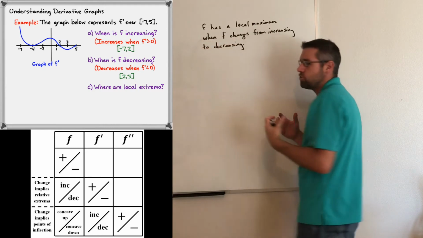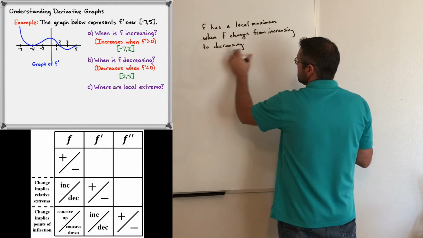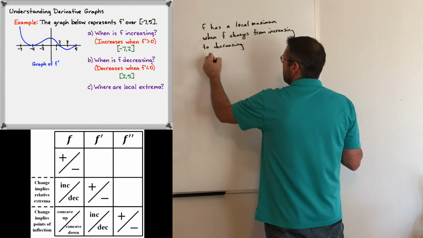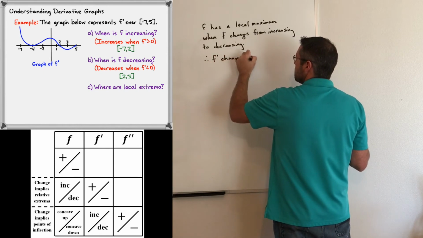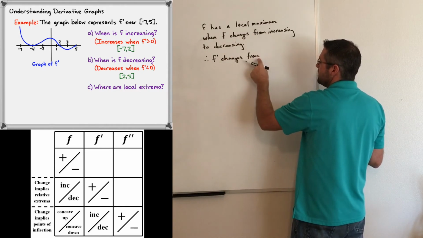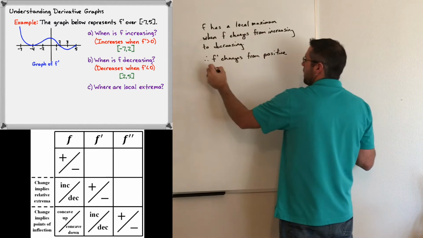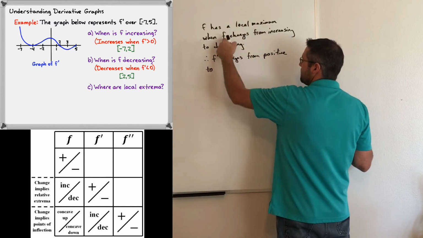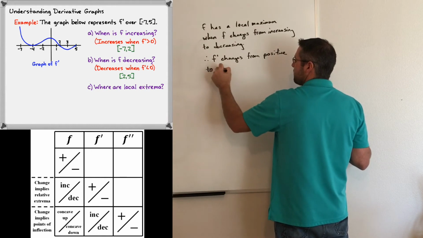Okay, and now we need to interpret that in terms of f prime. Well, f changes from increasing to decreasing when f prime changes from, well, f is increasing when f prime is positive, and f is decreasing when f prime is negative.